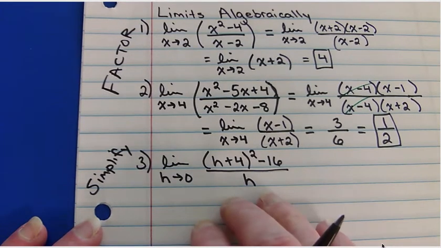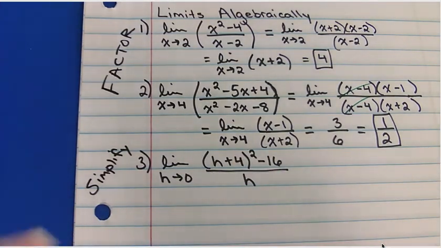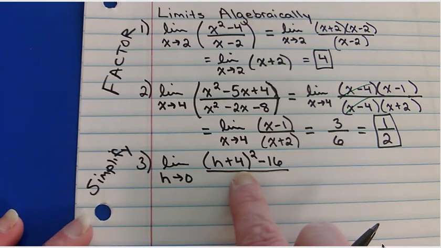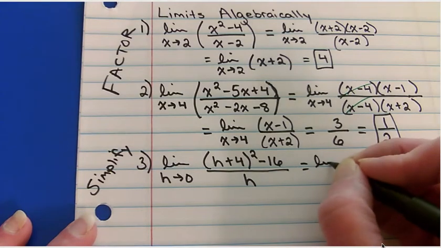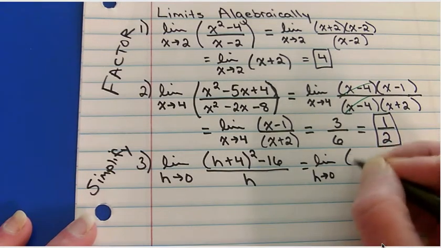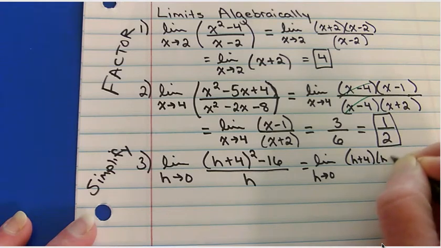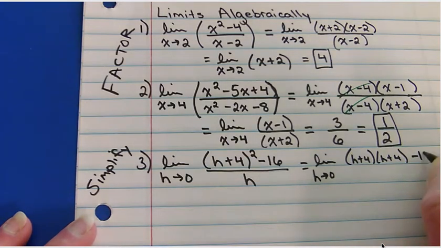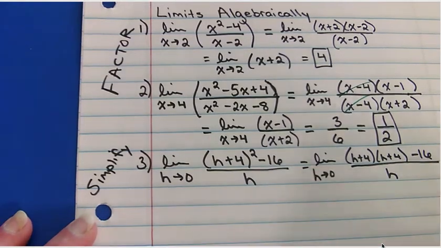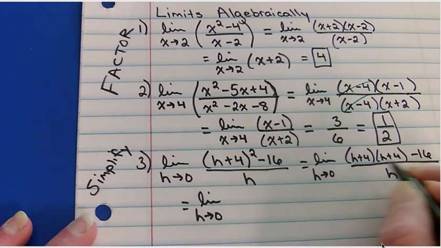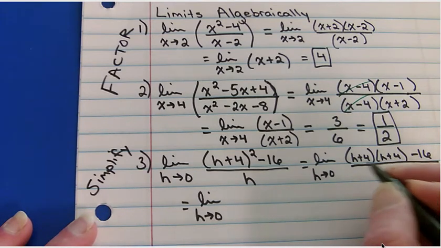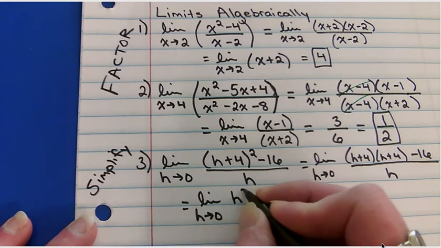But this one I can't really factor. So what I'm going to do is simplify. I've got to remember how to square h plus 4. That really means I'm going to have h plus 4 times h plus 4. So I will show that. And then I'm going to go to the next line. H plus 4 times h plus 4 is going to give me h times h, which is h squared.